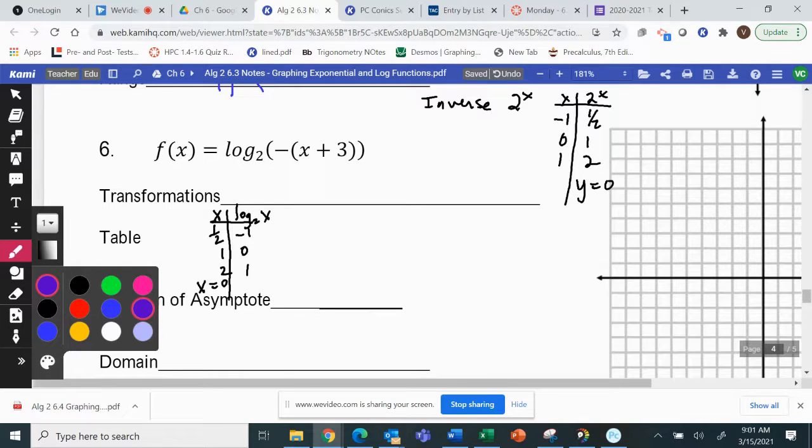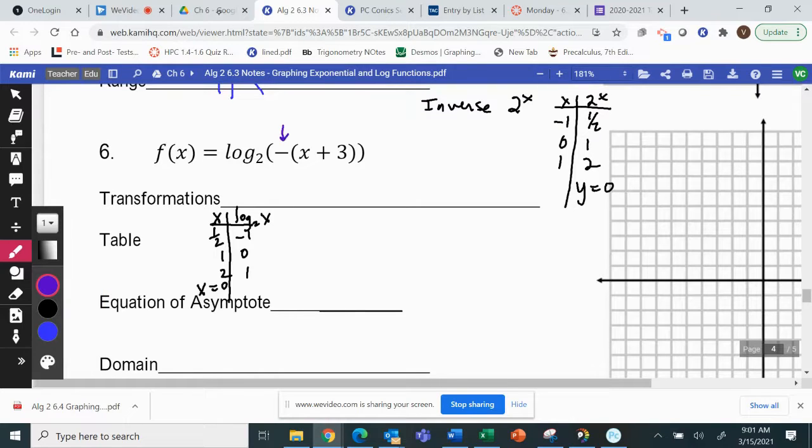Okay, Ariana, I'd like you to tell me what this negative sign does for the transformation. Okay, it's definitely reflection, but I want to check about where it reflects. Is this negative sign outside of the logarithm or inside the logarithm?